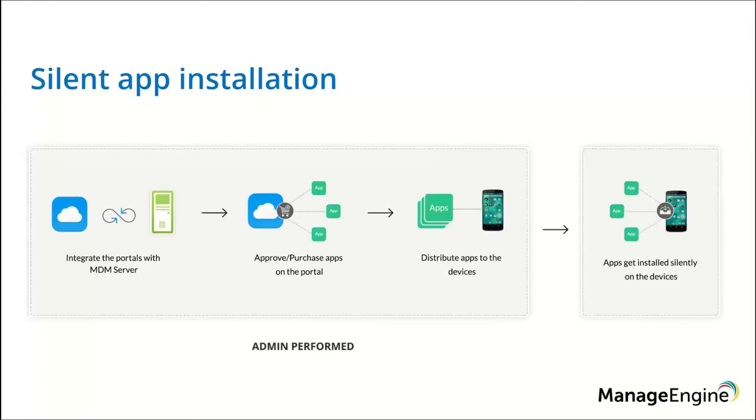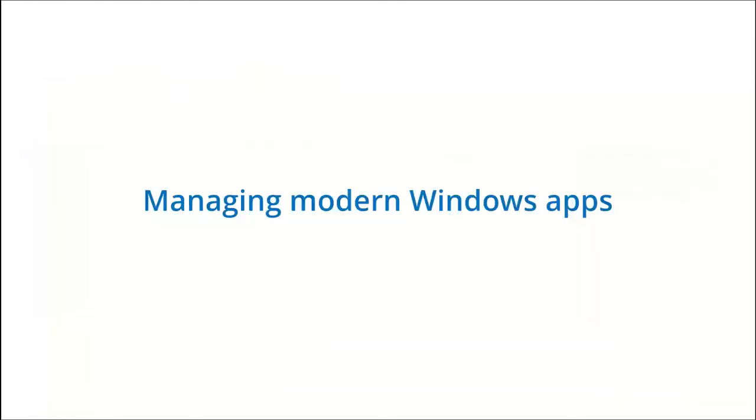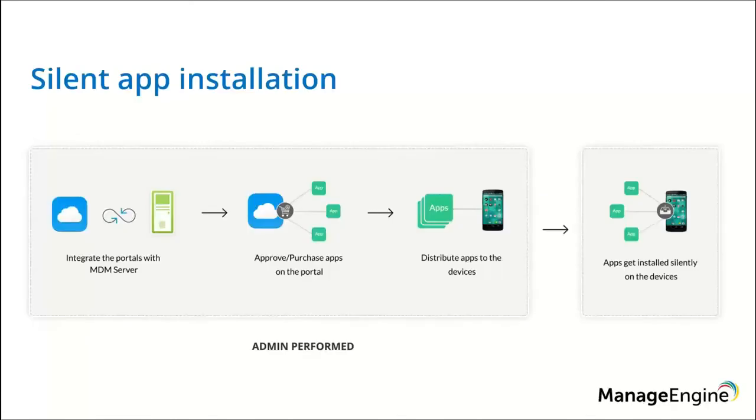Due to the integration, they will automatically get synchronized with MDM, and it will get deployed to the devices. And when deployed, it will get installed automatically. That is, it will not prompt for user authentication or user credentials. As we have gone through the entire application management process in our previous sessions, we are not covering it today. Please do take a look at the previous session or opt for a personalized demo session.